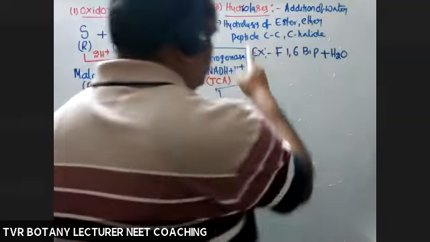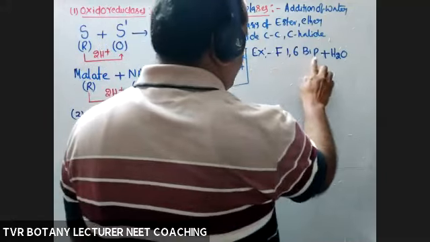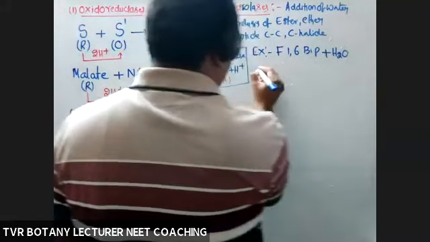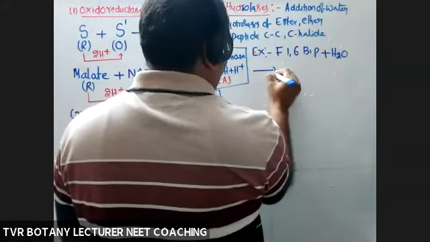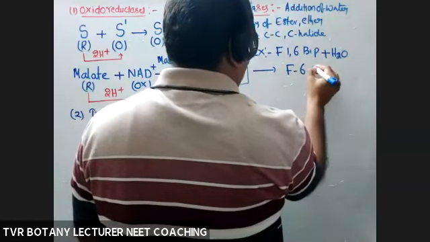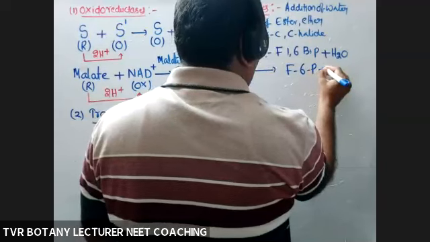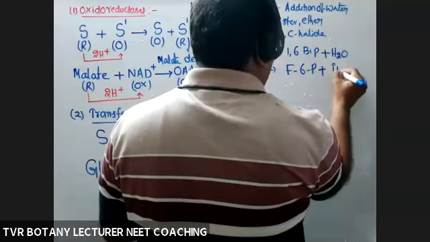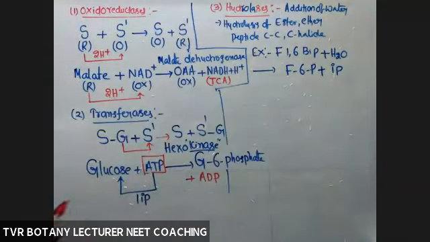Hydrolysis: they are able to add a water molecule, with the help of which they are able to break bonds. So fructose 1,6 bisphosphate plus one H2O molecule gives rise to fructose 6 phosphate plus one inorganic phosphate. One inorganic phosphate is eliminated from the first one, that is a bisphosphate. So fructose 1,6 bisphosphate is changed into fructose 6 phosphate.